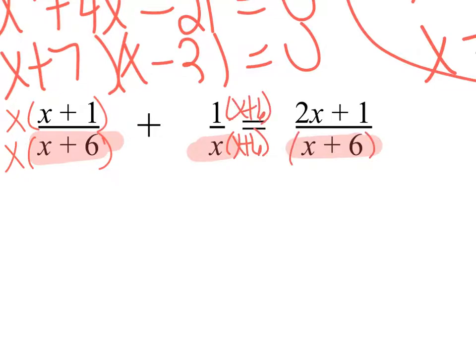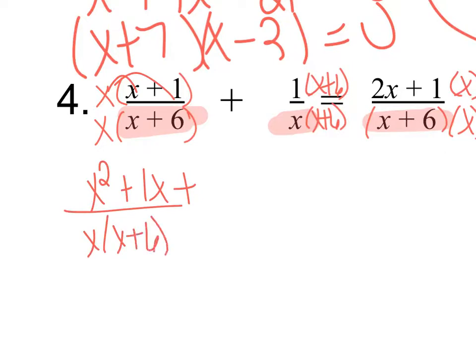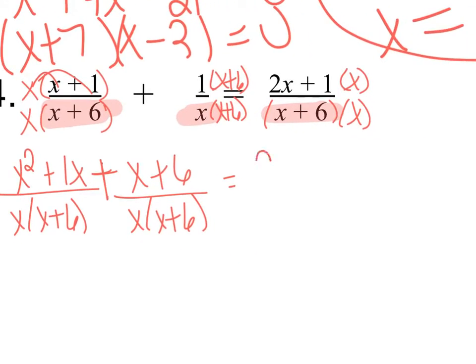And this one over here, I'm missing an x, so I need to multiply the top and the bottom by x. Which leaves me with x squared plus x, because I distributed here, over x times x plus 6, plus 1 times x is x, 1 times 6 is 6, over x times x plus 6, equals, if I distribute that x in there, I get 2x squared plus x over x times x plus 6.